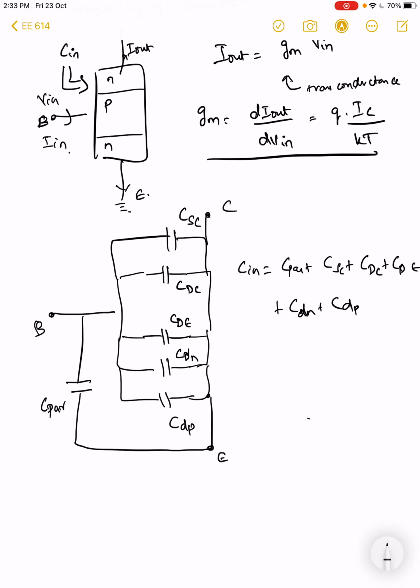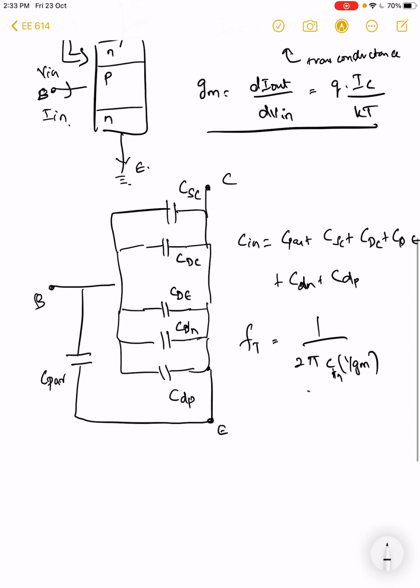So one can define a cutoff frequency, a frequency of operation, which is 1 by 2 pi times all the capacitances and the resistance in this particular junction. The resistance is typically expressed as 1 by Gm, and this C, I'm writing it as C total or C in, is basically a summation of all capacitances.